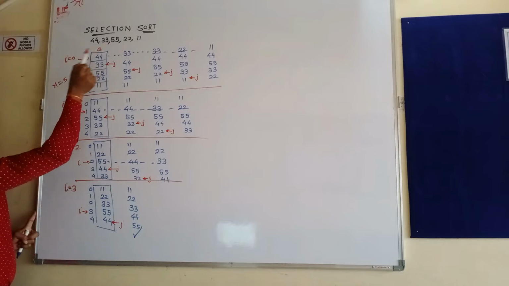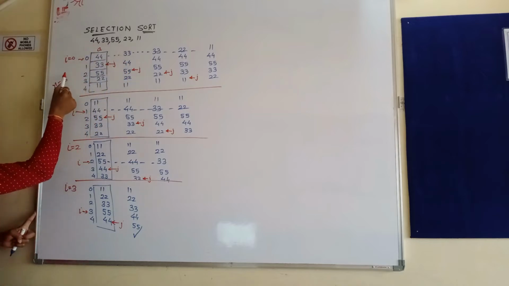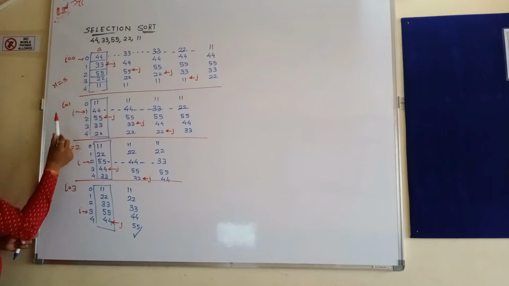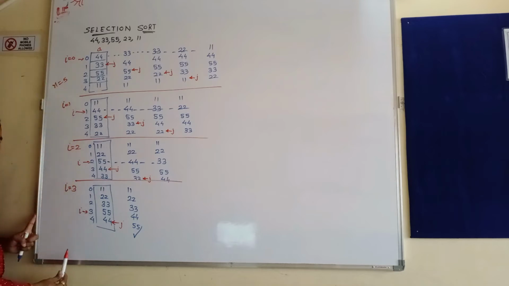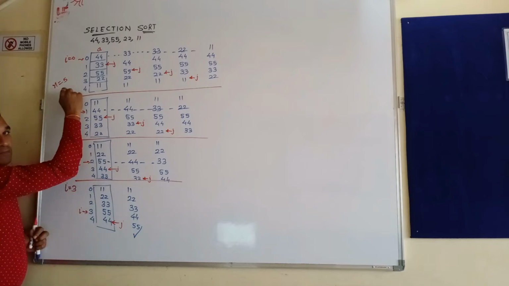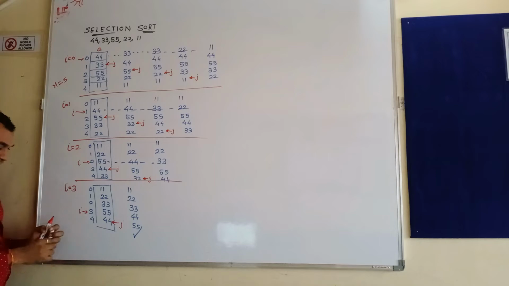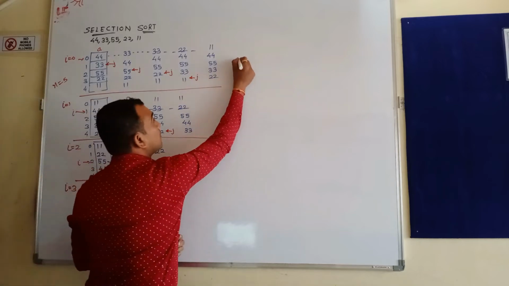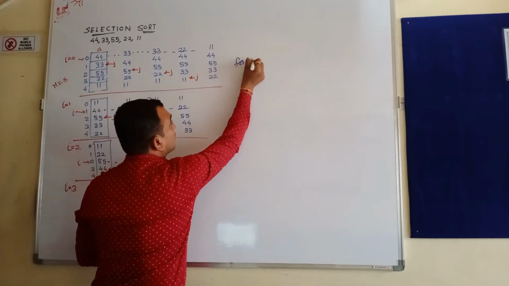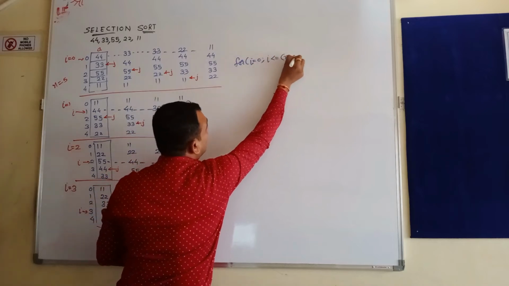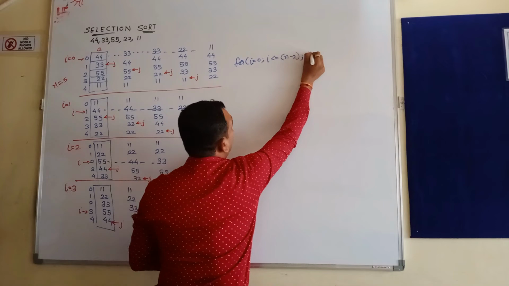If we had 6 elements, then we have to take I with 0, 1, 2, 3 and 4. Same way, if the number of elements was 10, then we go from 0 to 8 index. So let's write down the step. For I equal to 0, I less than or equal to n minus 2, and I plus plus.